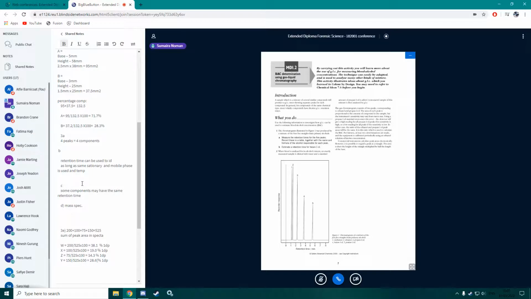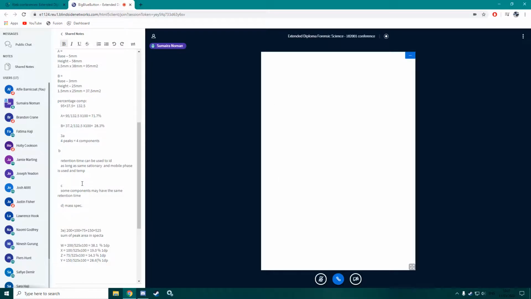Commercial instruments calculate peak area electronically. However, it is possible to regard a peak as a triangle and calculate the area, so that's what we've been doing. If we have a look carefully, we can see 1, 2, 3, 4, 5 of these samples of alcohol, and we can get the retention times.